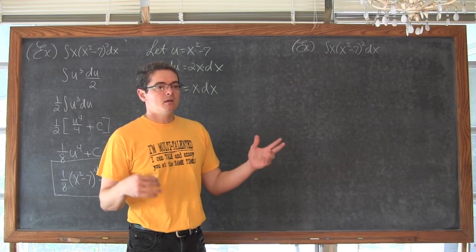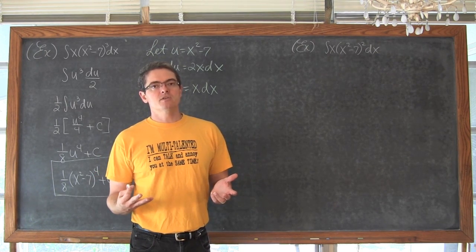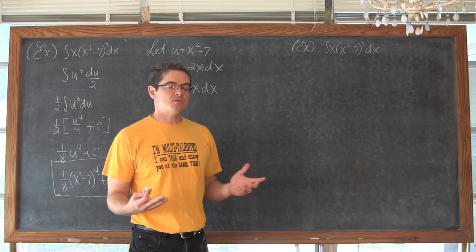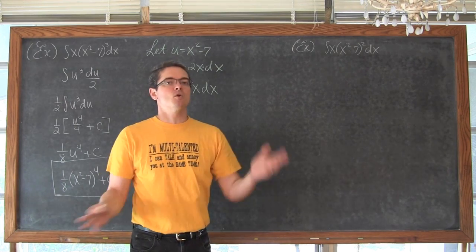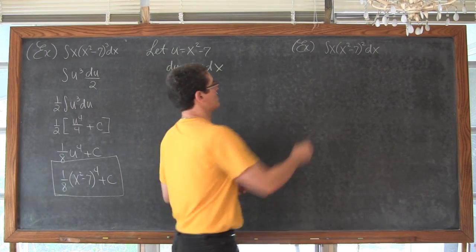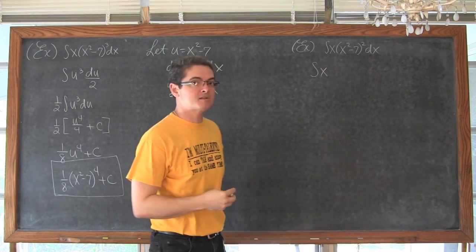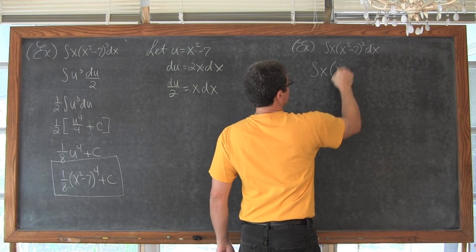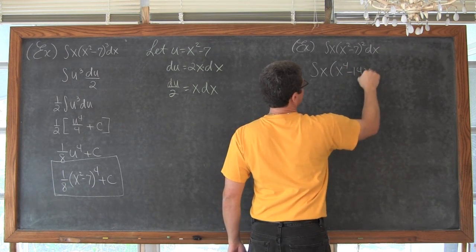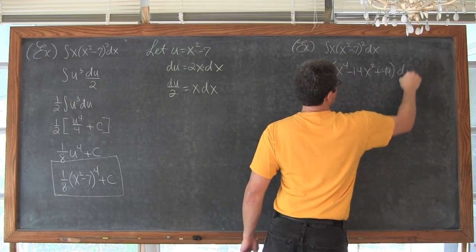Just because you're learning integration by substitution doesn't mean you have to do it with every single problem. If you can look at this and go, well, I don't find it very difficult or time consuming to just take x squared minus 7 and square it, that's x to the 4th minus 14x squared plus 49, dx.